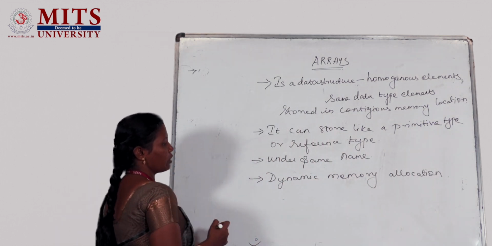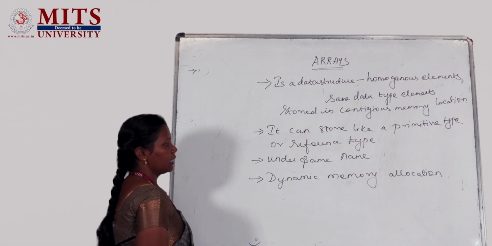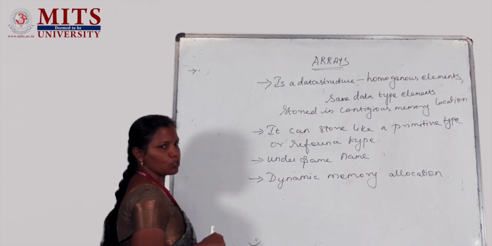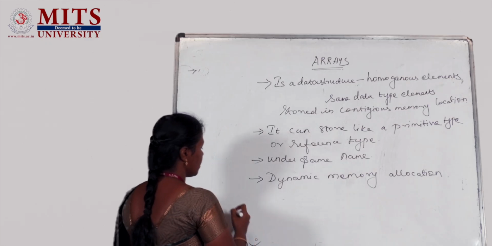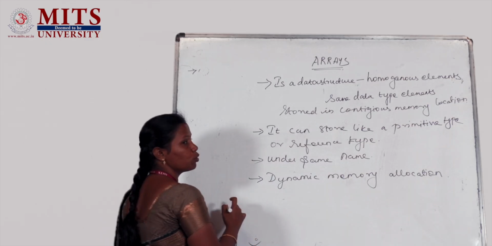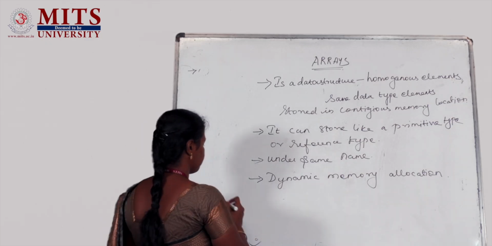So the main feature of an array is we can store the data dynamically, and under the same name we can store multiple data items and we can store the data in a contiguous memory location. But the drawback here is we cannot improve the size of the array during runtime.